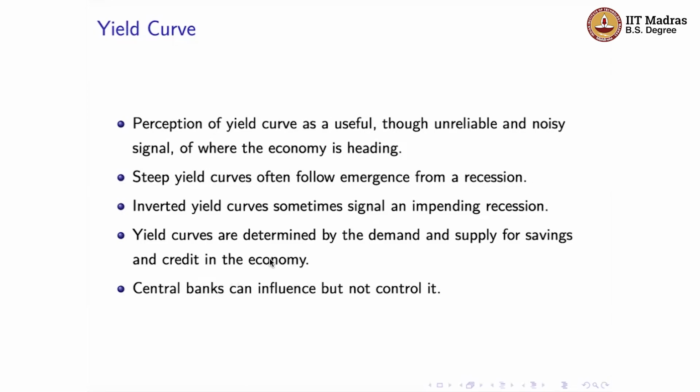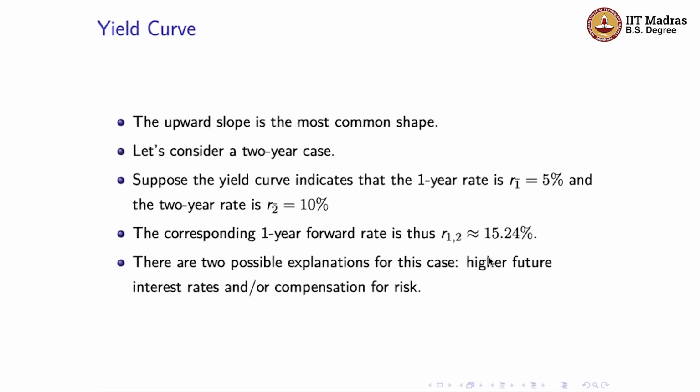So typically, the central banks can influence these curves, but only in the short run, for the short term maturity. But again, they cannot actually control it per se, right? So they are one of the major players. By their actions, they can intervene, but not to the extent of completely being able to control it at will, right? It's not a policy instrument of that kind, right? So that's something to keep in mind.